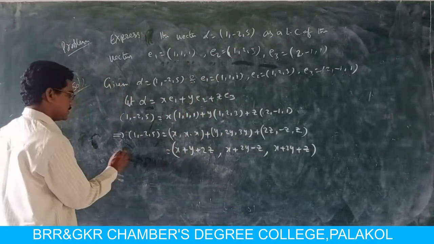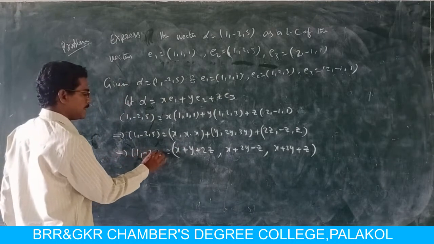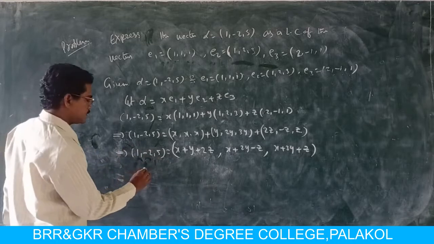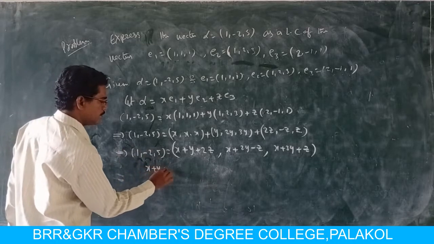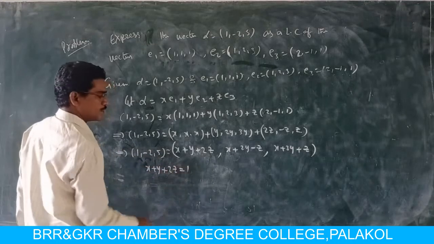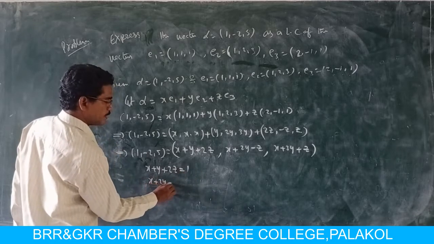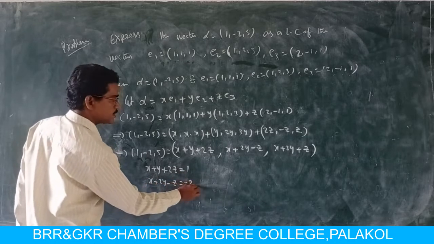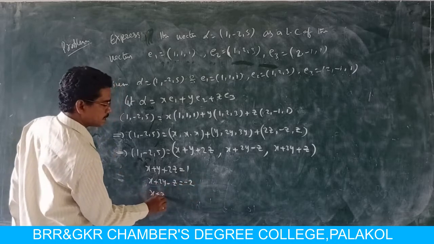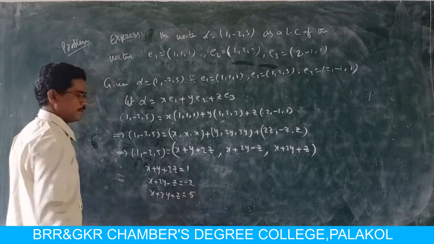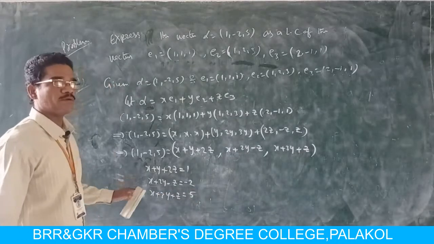So this is 1, minus 2, 5. Now equating the like coefficients, we get x plus y plus 2z equal to 1, x plus 2y minus z equal to minus 2, and x plus 3y plus z equal to 5. Here there are 3 equations.